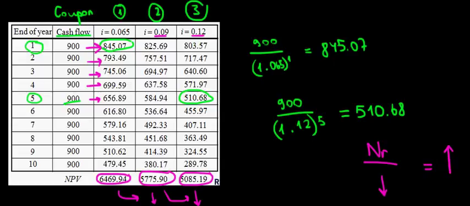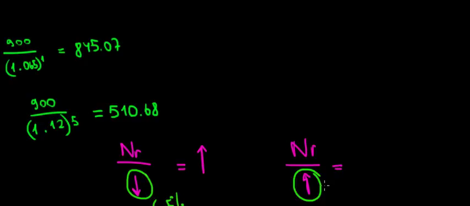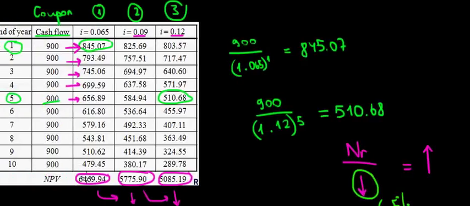But if we divide the same number by something bigger, let's say as an example here we had 6.5% initially, that's our small value. But if we discount at 12%, a higher value, well, the result goes down. And that's actually what's proven here. Our value of all the coupons is going down as our interest rate goes up.